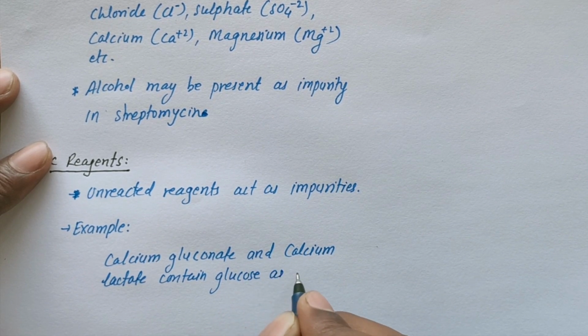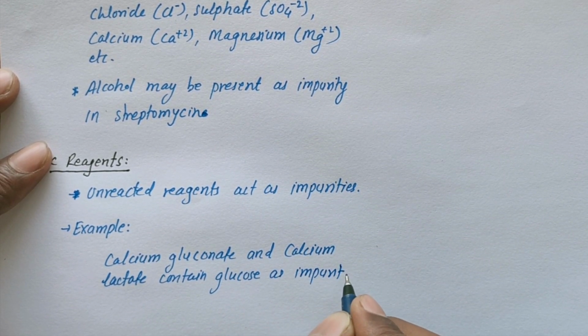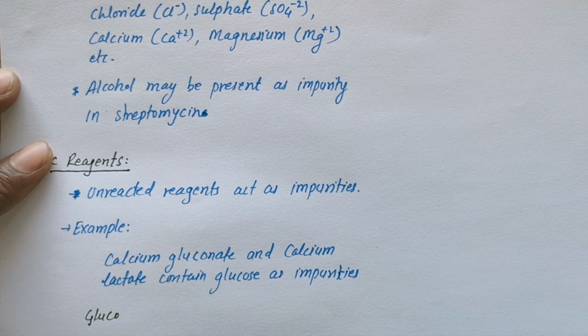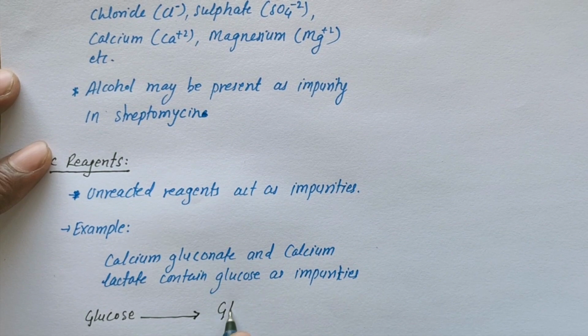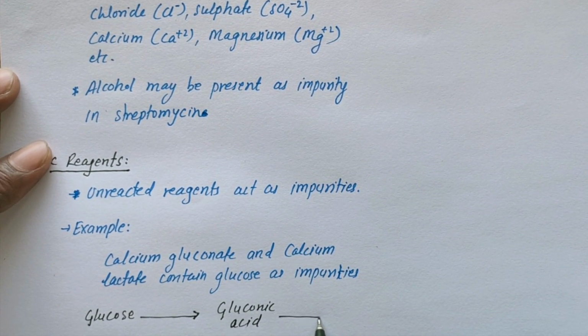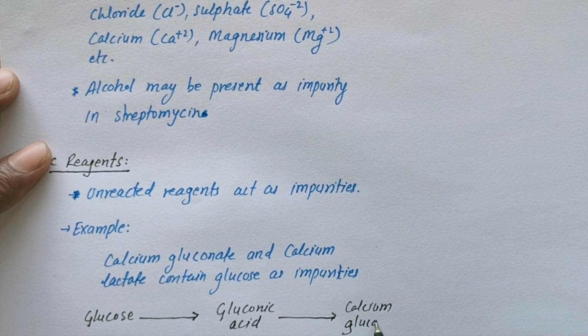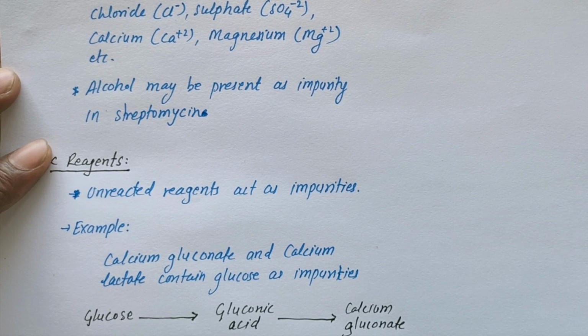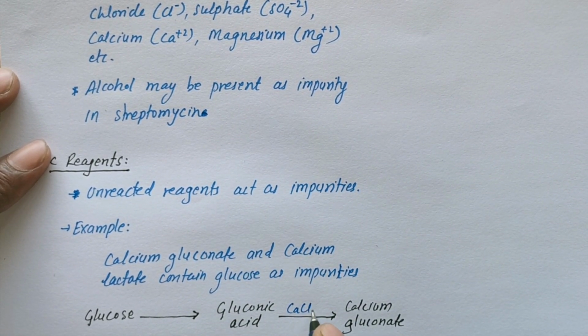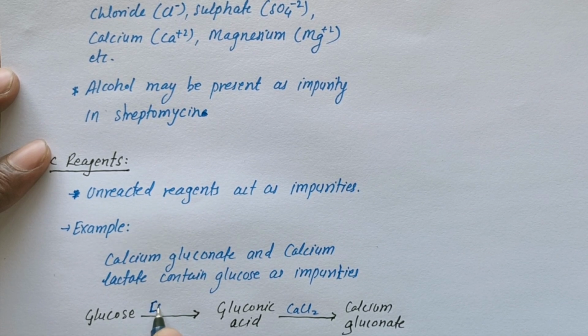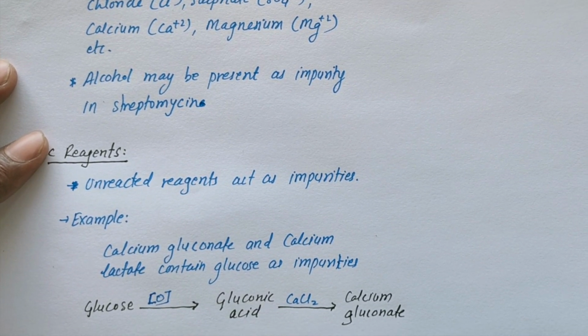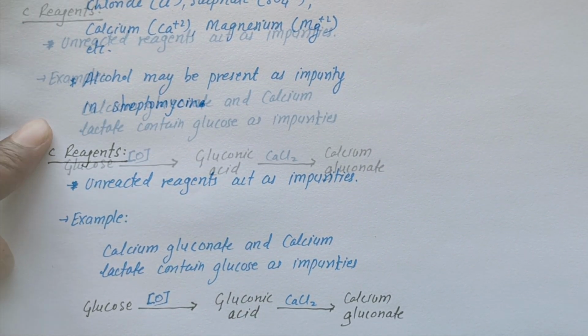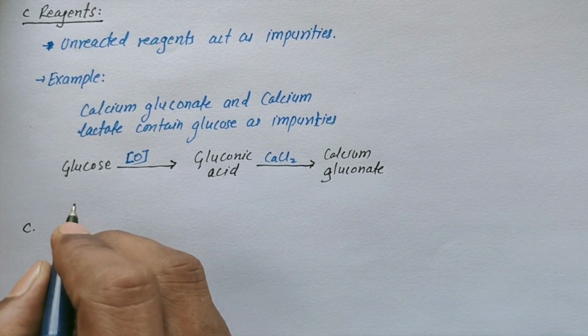The reaction can be shown as follows. Glucose changes into gluconic acid, which changes into calcium gluconate, which is our final product. Here there will be calcium chloride, and in this step there will be nascent oxygen. Understood?